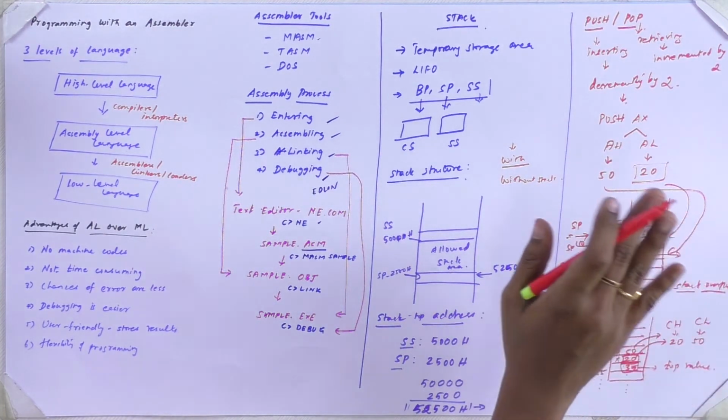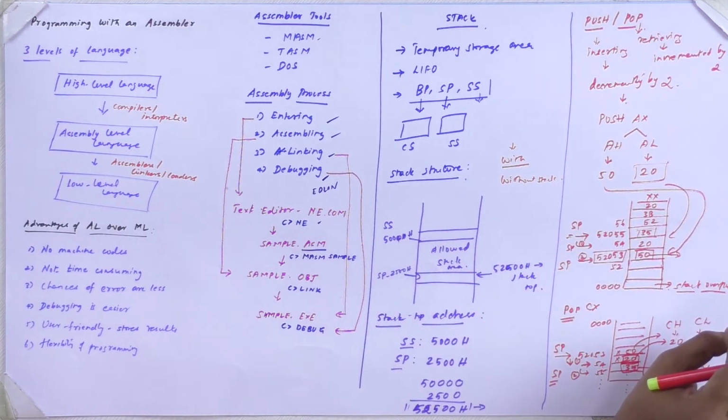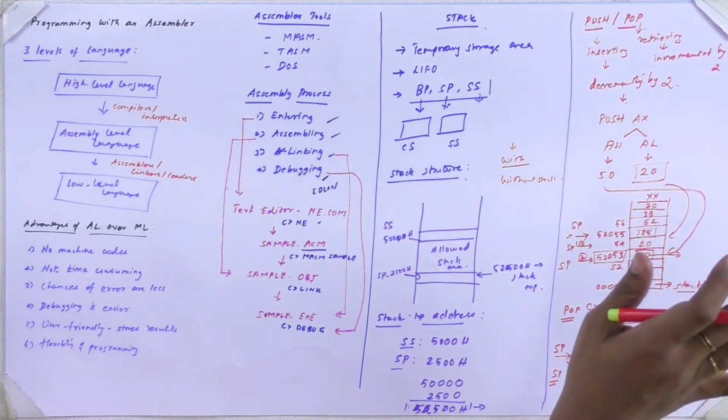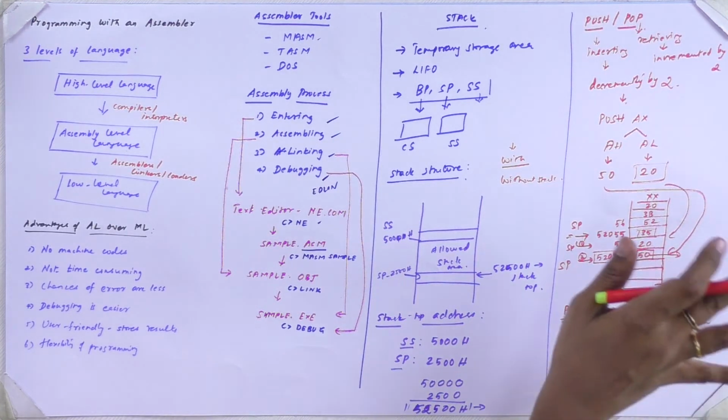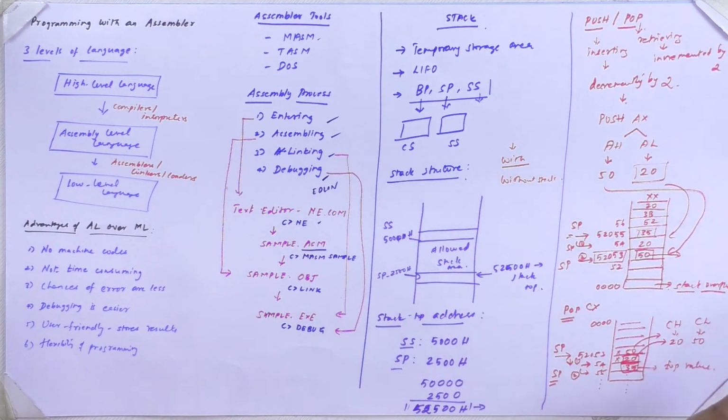That is, no useful data will be lost during the interrupt call function. But whenever there is no concept of stack, there will be no temporary storage area and there will be loss of useful data whenever there is an interrupt call. So that is the main advantage and reason for using the stack concept in assembly language programming.